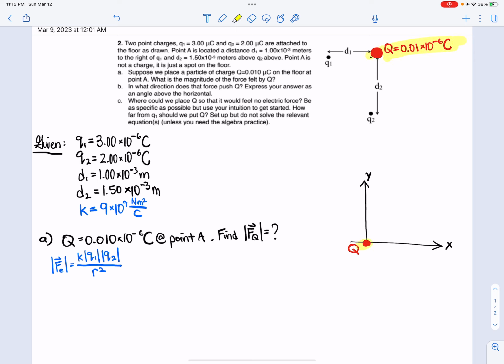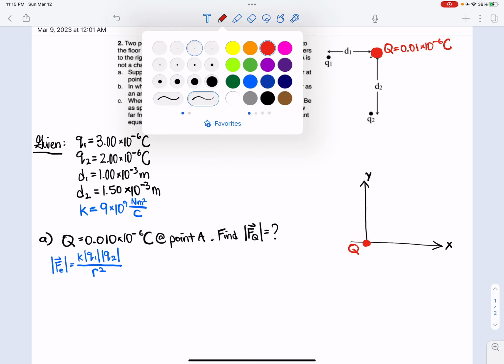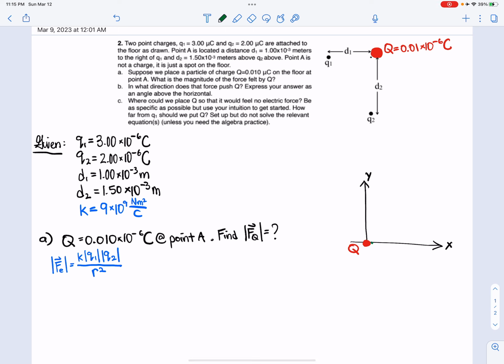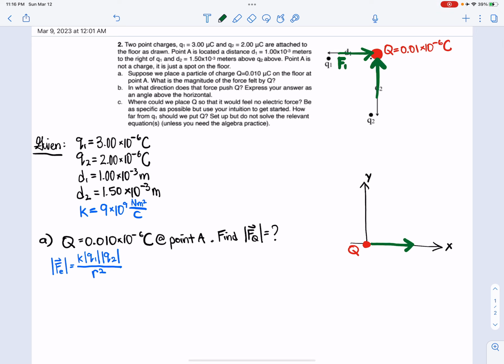We're going to feel some sort of force from Q1 coming this way. Q1 will push it this way because they're both positive charges. So that will be force 1. And Q2 right here will push it upwards, toward positive y. So that will be F2.